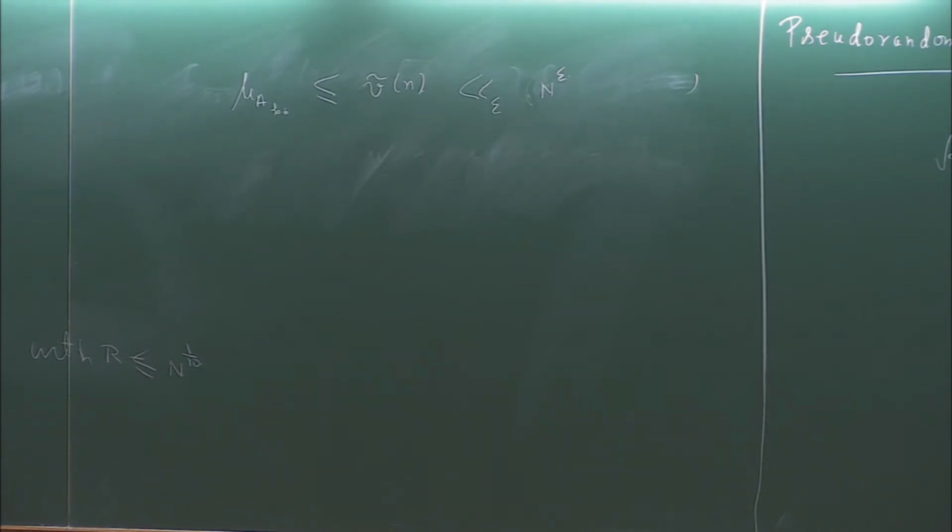Since Wn + b is at most n squared, the number of divisors will be at most n to the 2 epsilon, which is basically n to the epsilon.